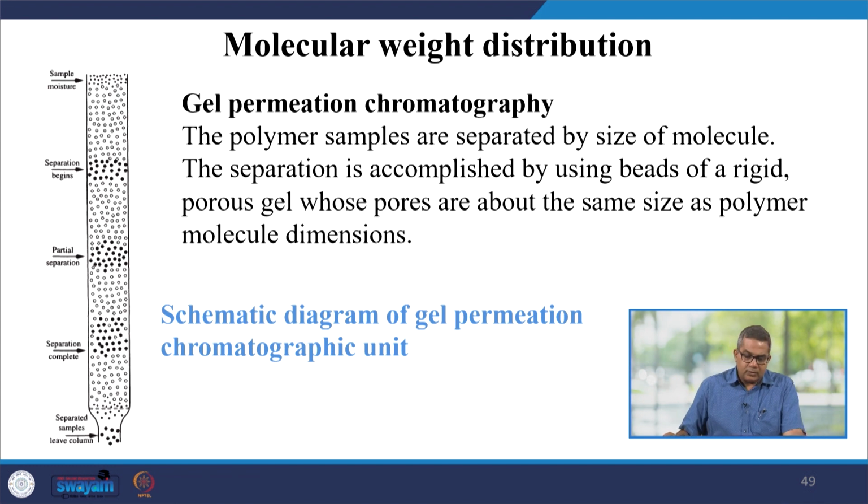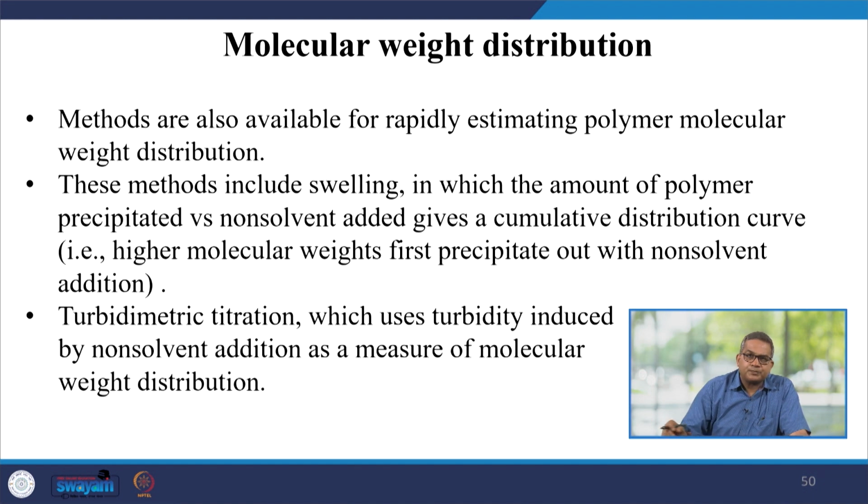GPC we have already discussed. The polymer samples are separated by the size of molecules. Here you see the different beads, and you see that here the separation begins and here the separation is completed. The separation is accomplished by using beads of a resin, and obviously these are some sort of polymers, and these are porous gels whose pores are about the same size as the polymer molecule dimension.